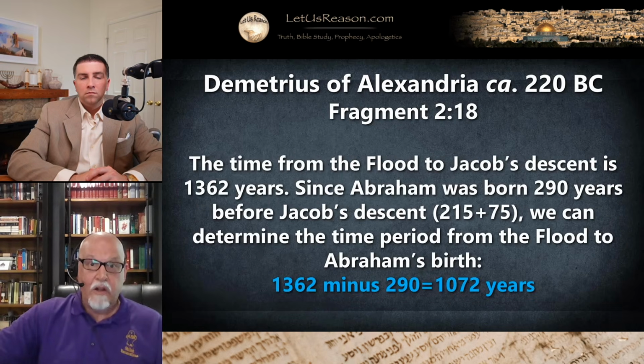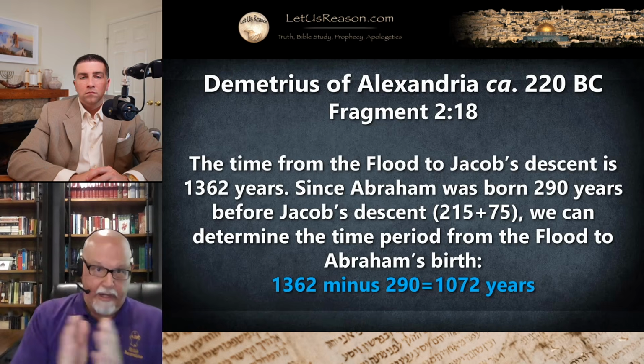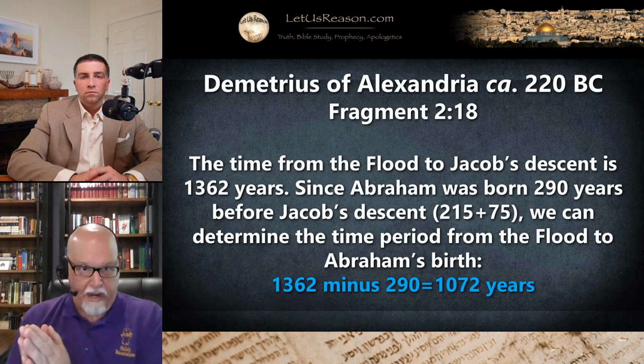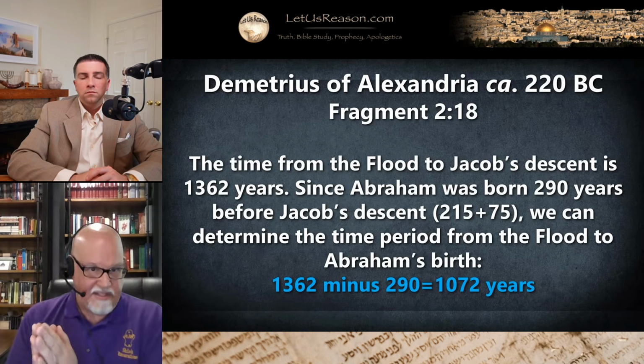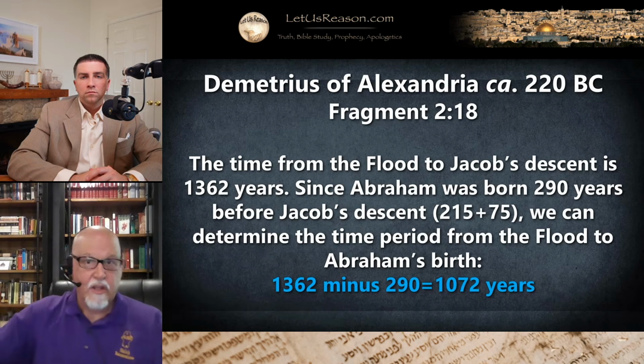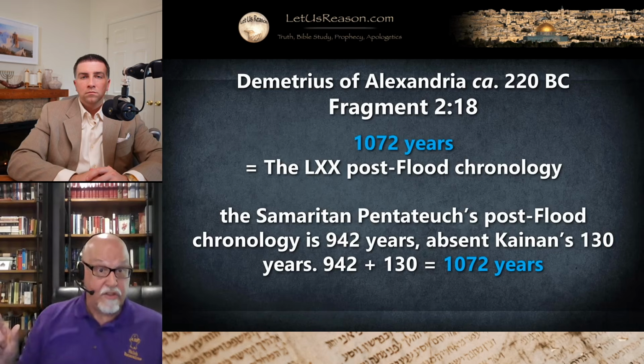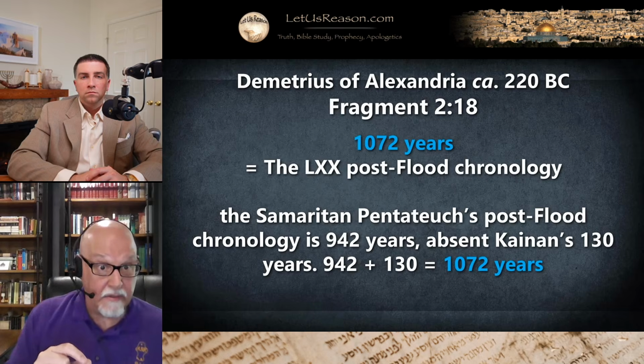It's really fascinating when you break it down and do the math. Just look at the blue here to get down to the bottom line. You get from the flood to the birth of Abraham 1,072 years exactly in his calculations. It turns out that this is exactly what the post-flood chronology is, with the inclusion of Canaan in it.